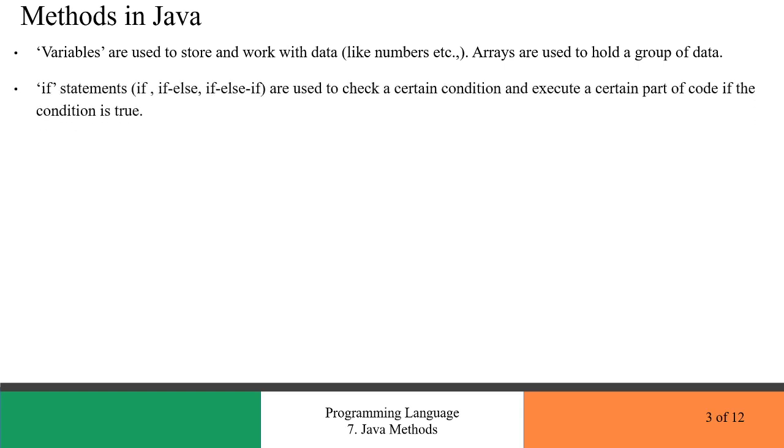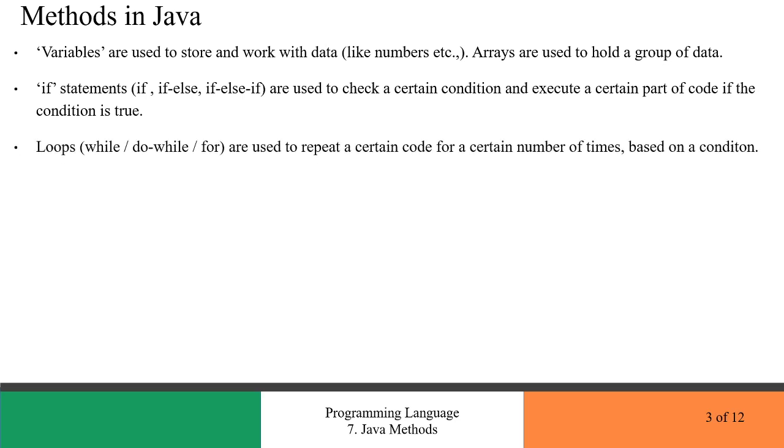Conditional statements like if else, and if else if are used to check a certain condition and execute a certain part of the code accordingly. Loops, namely while, do while, and for, are used to repeat a certain code for a certain number of times based on a condition. So, what are methods now?